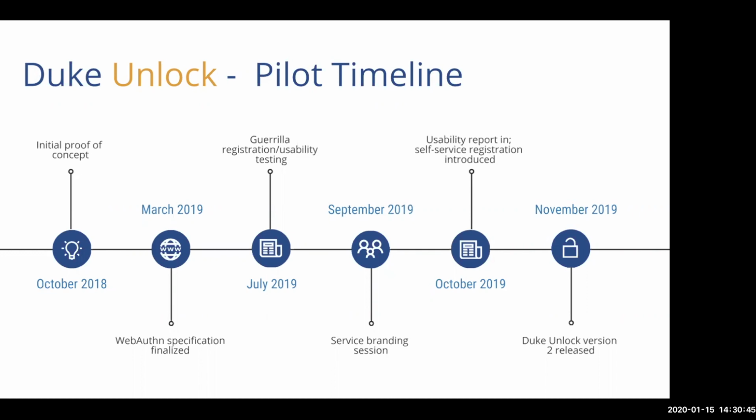But in March of 2019, the WebAuthn spec did become finalized, so that concern went away, and the user verification support was getting better. And we also had come to the realization that deploying certificates at Duke was going to be an uphill challenge for us.